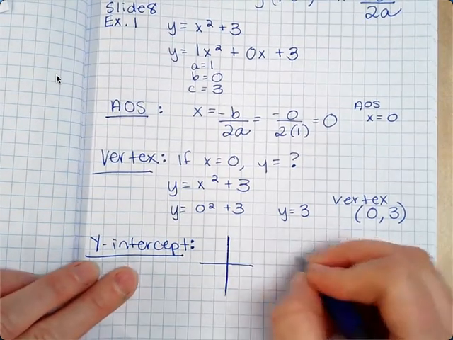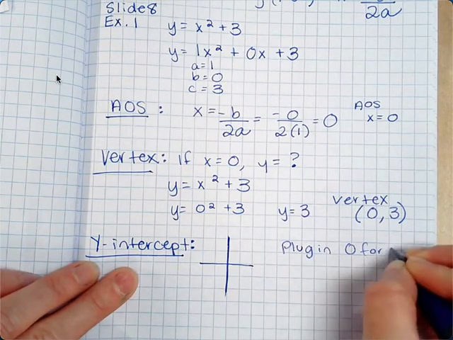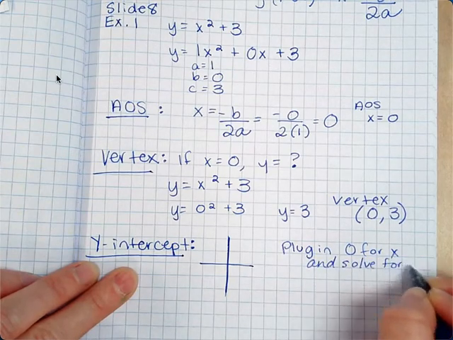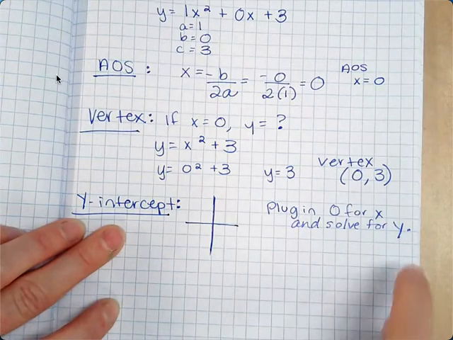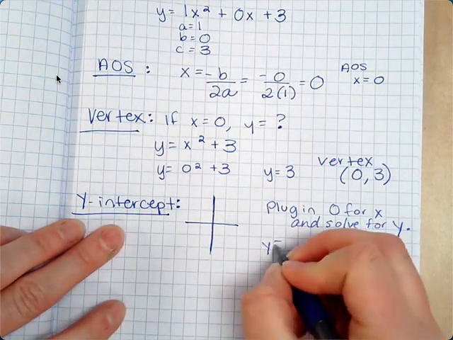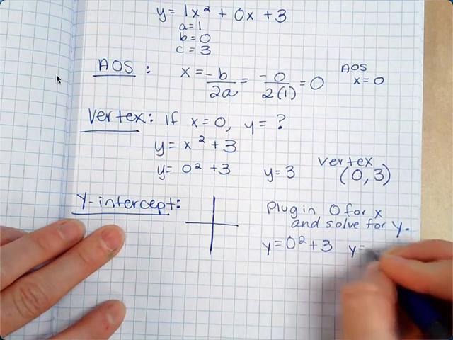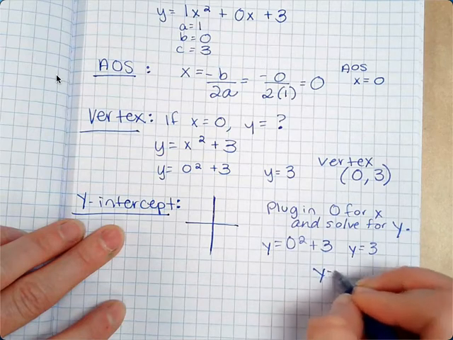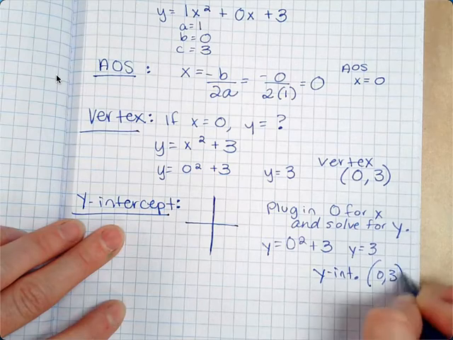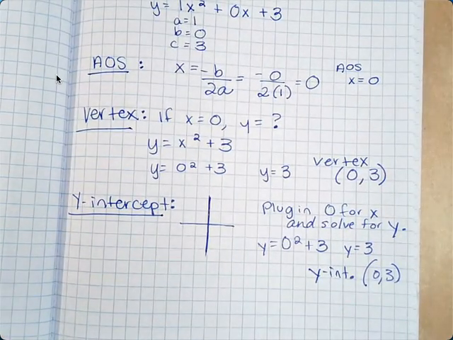So we want to plug in 0 for x and solve for y. So in this case, it's actually the same as our vertex. So we'd say y equals 0 squared plus 3. Just y equals 3. So our y-intercept is at 0, 3. So it's the same in this case because there's no b value. That's what changes it.